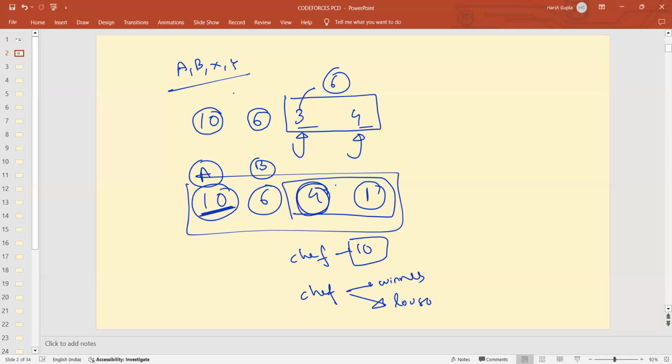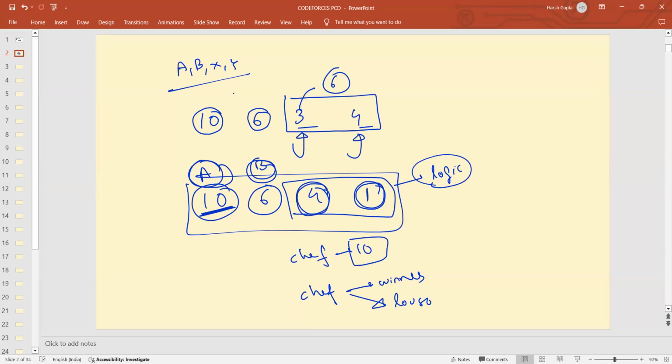If Chef is scoring more goals than Chefina, Chef is a winner and we will award him A gold coins. If Chef scores fewer goals than Chefina, Chef is a loser and we will award him B gold coins. That's the simple logic for this problem. Anyone having any doubt?